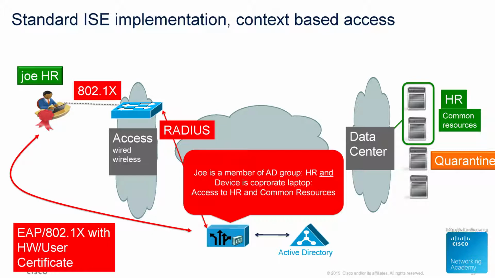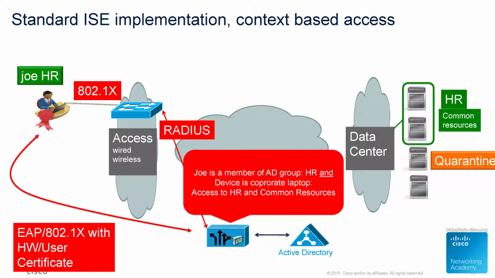Right. So what we have here, this is typical network access control scenario. We have a user, his name is Joe. It's in Active Directory. It's got a secure device, which is also in Active Directory. So it identifies both as a user, it does user authentication, and it's also got a certificate for hardware. So it's doing both hardware and user identification.